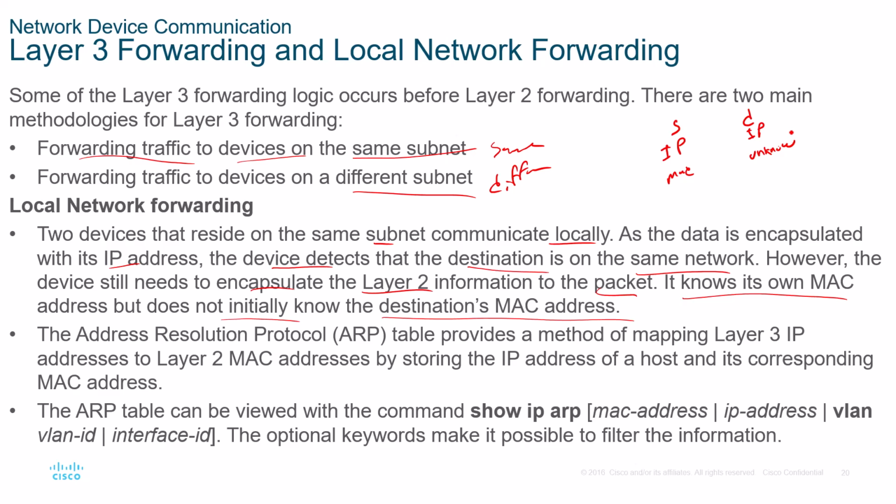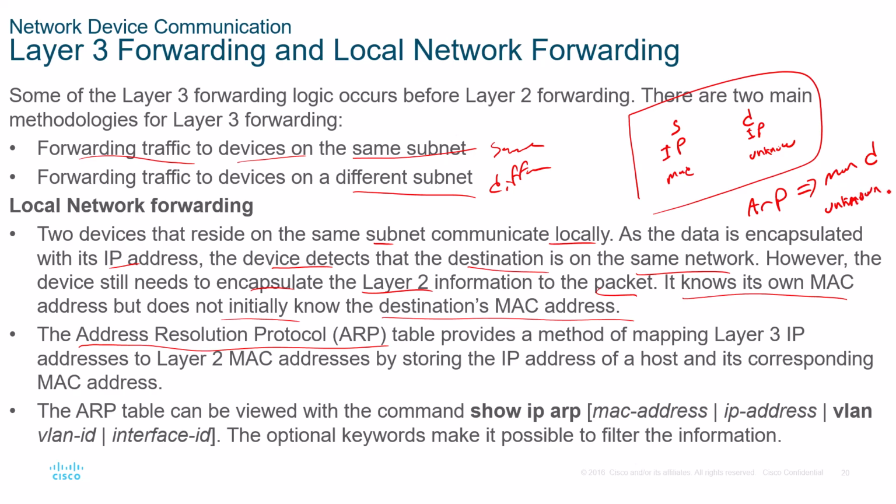Well, we already know that. That's an ARP request, Address Resolution Protocol. That will try to map the layer 3 IP address to a layer 2 MAC address, storing this in an address table. So ARP will be used to find the MAC address of the destination for the unknown MAC address.